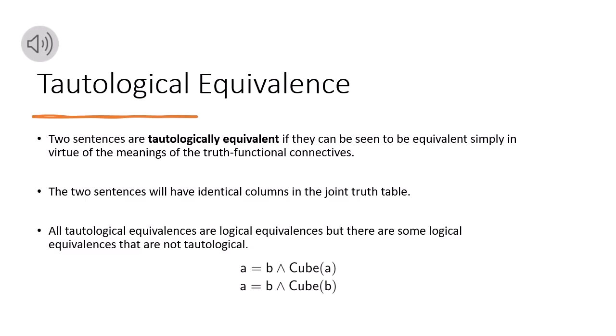That would violate the indiscernibility of identicals that we talked about for the equality predicate, which is in every possible first order language. So again, some logical equivalences are not tautological equivalences.